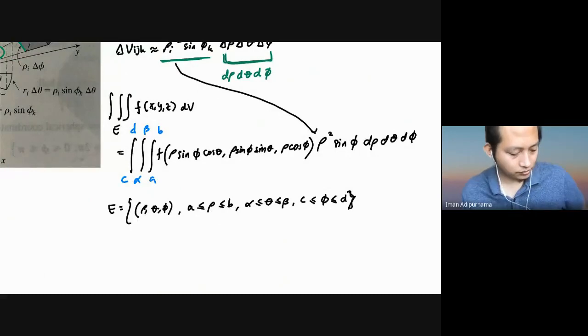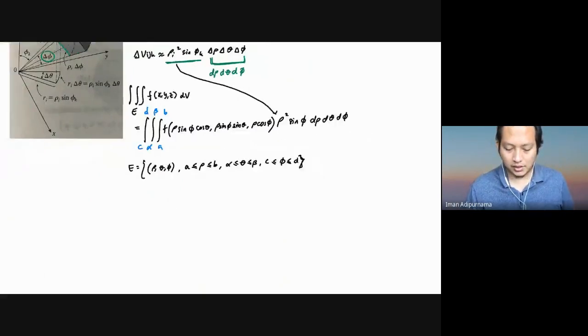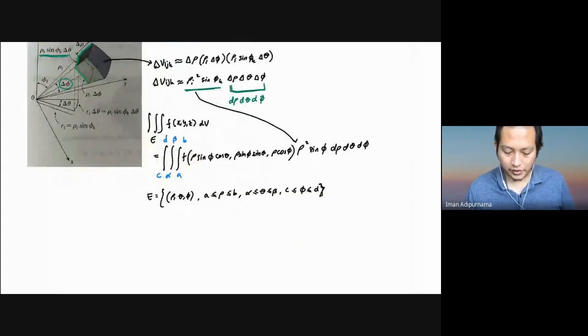Okay. Now that is the term for the spherical coordinates.